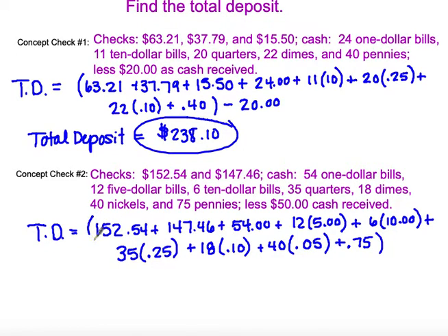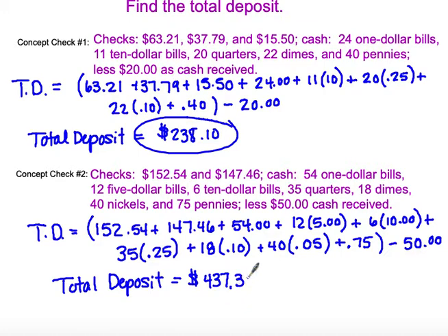Less $50 cash received. So a quick calculation using my calculator will find that the total deposit is going to equal $437.30.